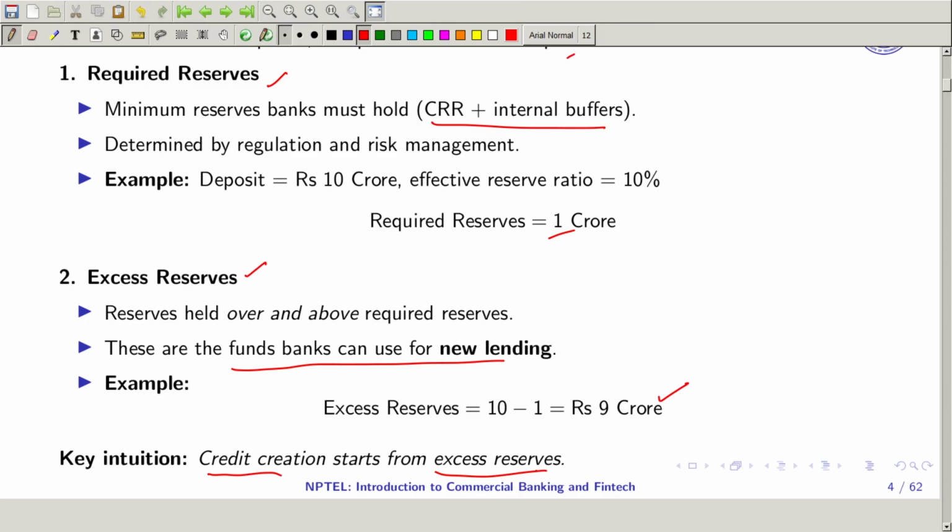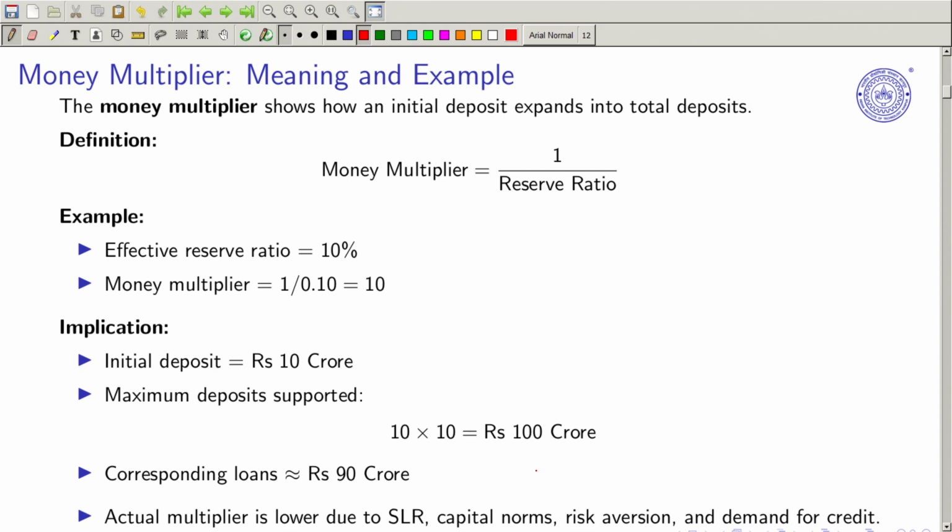Then we also discussed the money multiplier, which depends upon the reserve ratio, how much they have, right? Suppose it is 10%, so the money multiplier will be 10. Suppose you have an initial deposit of 10 crore and the maximum deposit supported is 100 crore, so the corresponding loan will be, for example with a 10% effective ratio, you can simply subtract it out of 100 to see how much loan possibility you have.